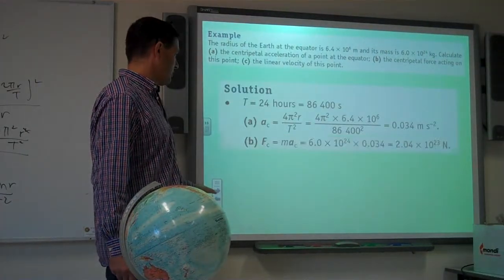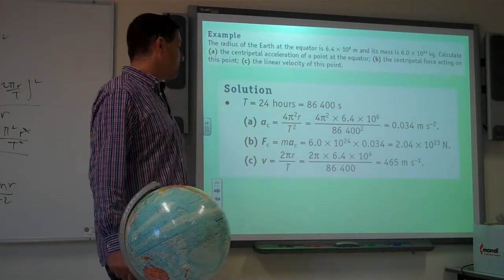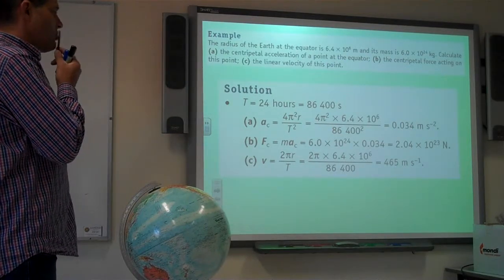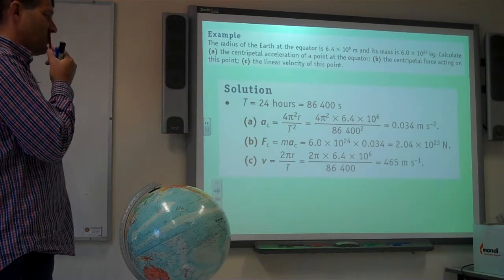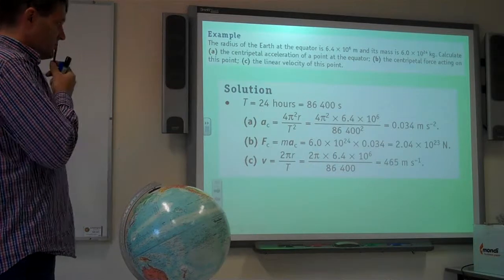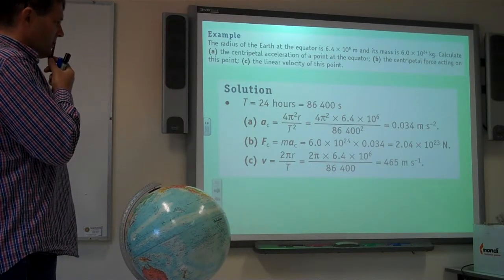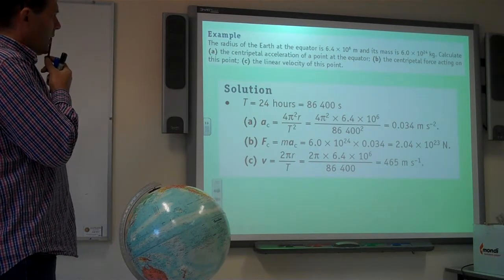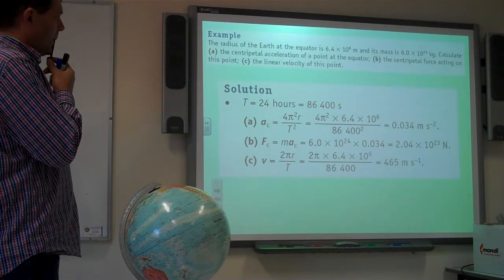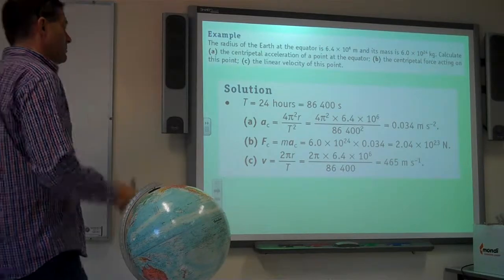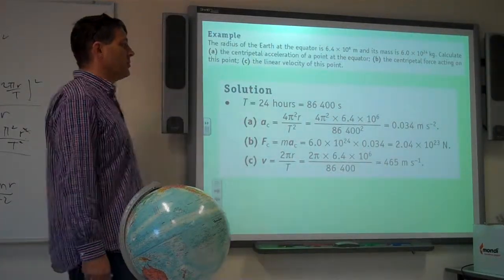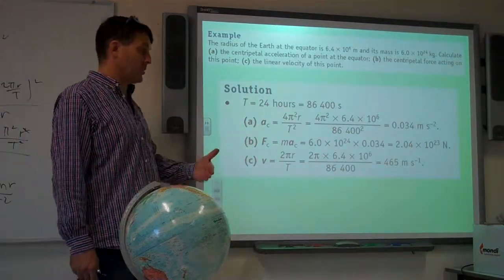So the centripetal acceleration at that point is equal to mass times acceleration. It seems a bit odd, but 6.0 by 10 to the 24 by 0.034 gives you 2.04 by 10 to the 23 newtons pushing in.